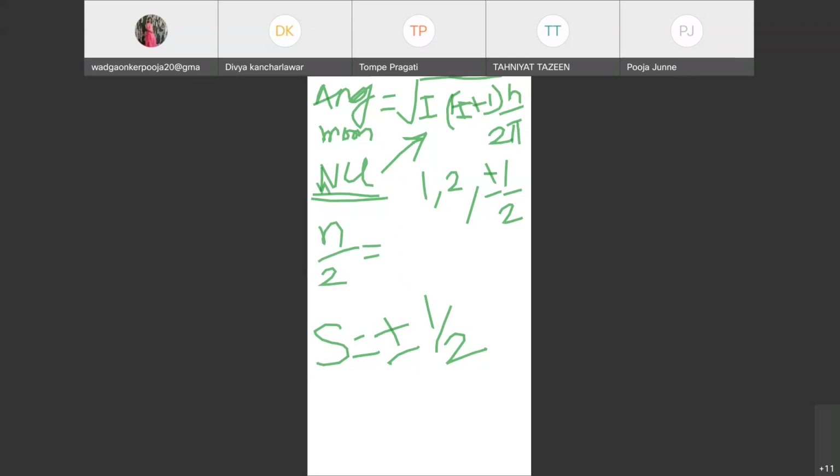I is nothing but the spinning value. If you put the value of n equal to 1, then it will become 1 by 2.